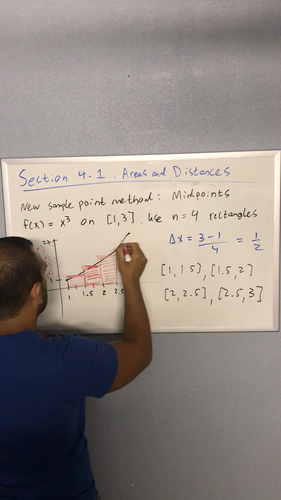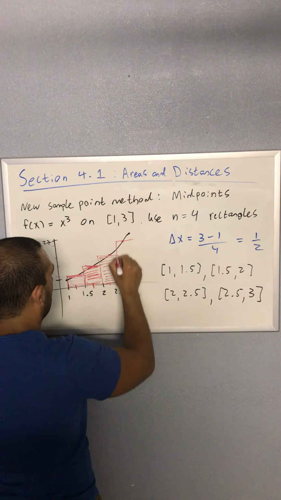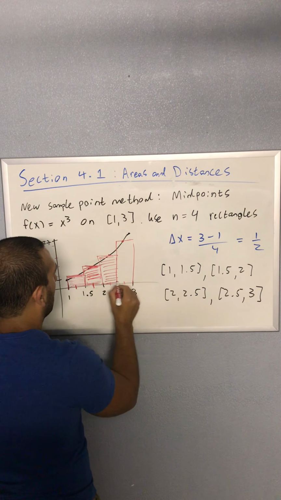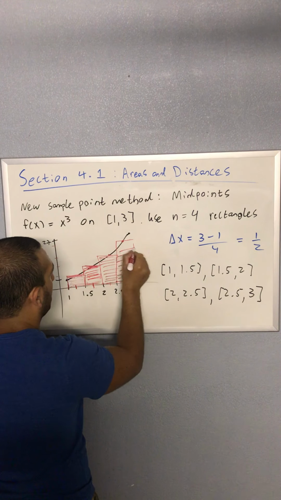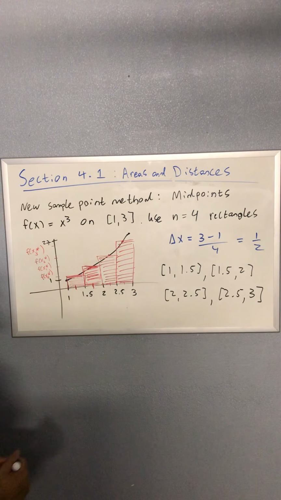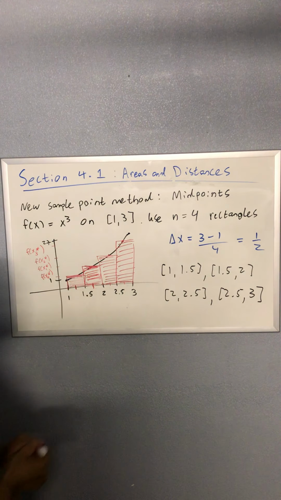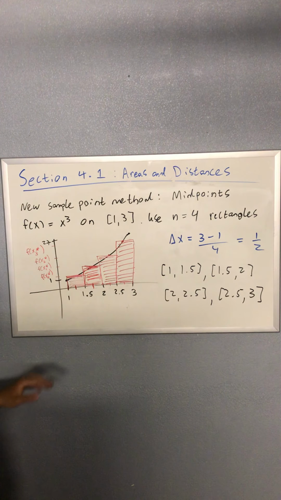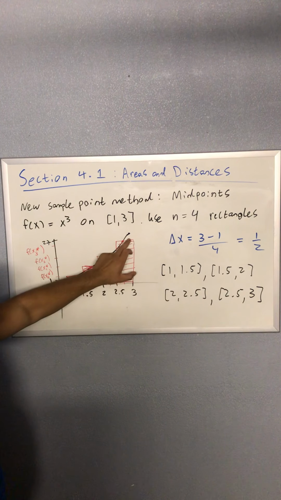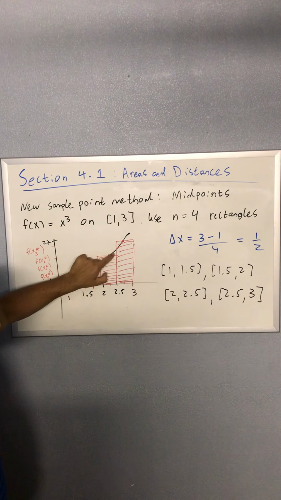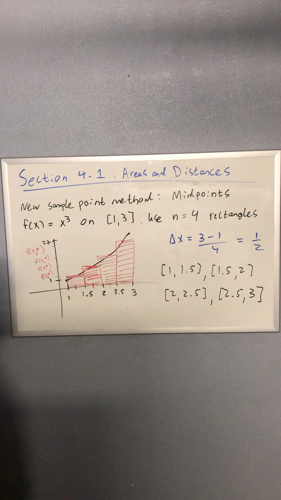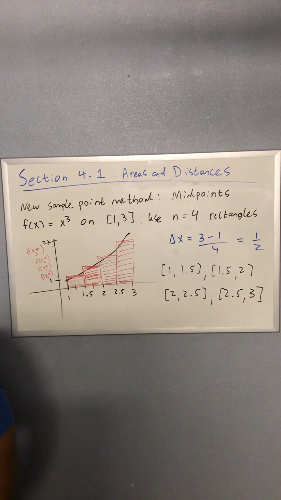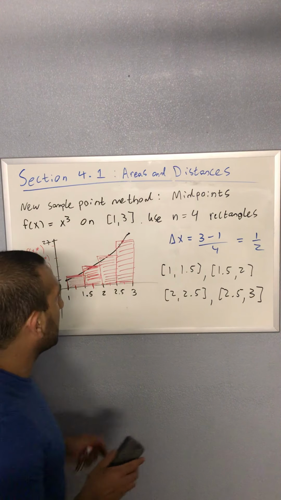And last but not least, this is the height for that width that we want. Okay, so the midpoint looks like a pretty good approximation. If you think about it, the only spots that we're kind of missing are this one here, this little spot, this one, and that one. So it looks pretty good. It doesn't seem bad whatsoever. And let's actually calculate what this will end up being.